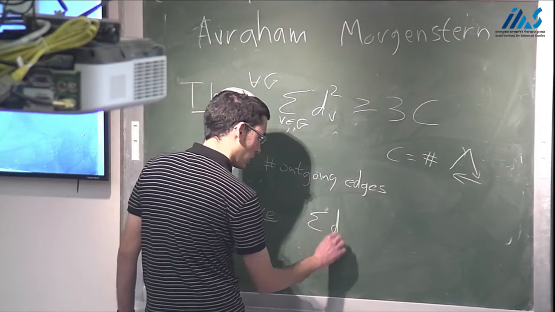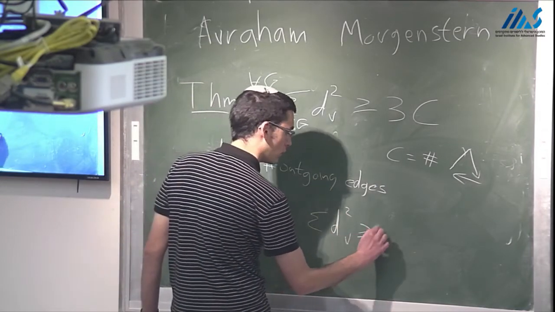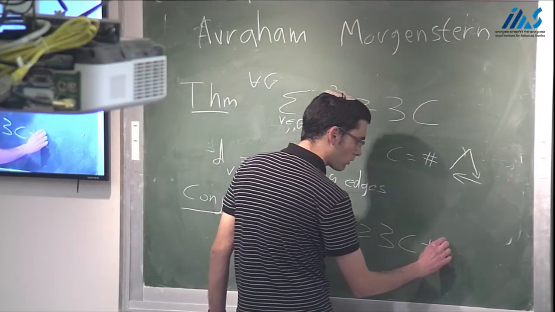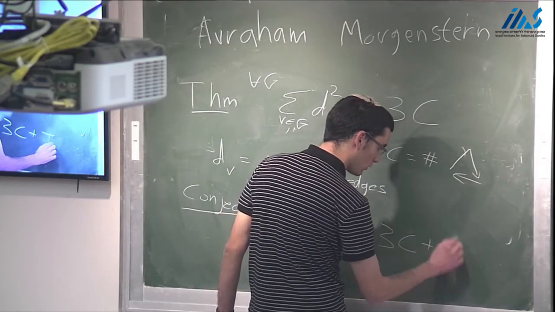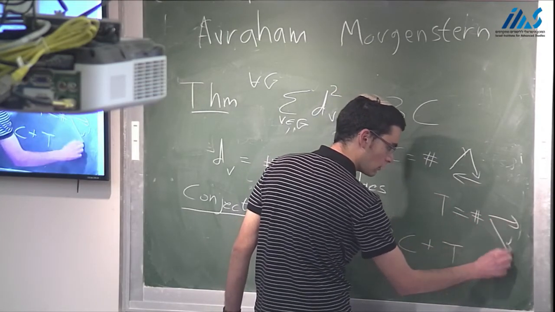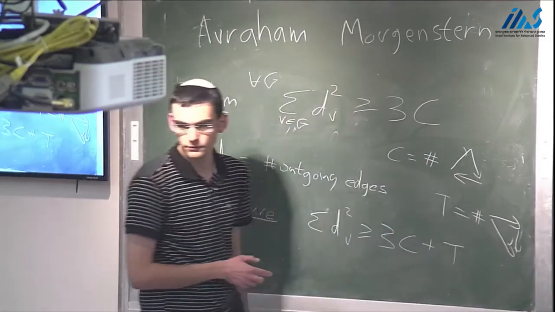I claim that the sum of squares of out degrees is at least 3 times the number of cyclic triangles plus 1 times the number of transitive triangles. This is a transitive triangle.